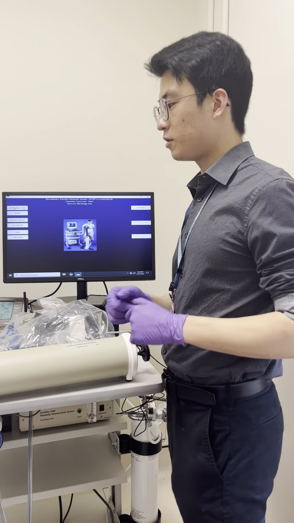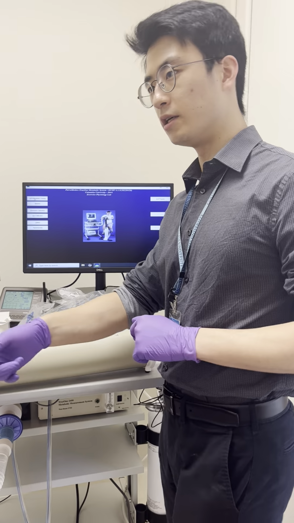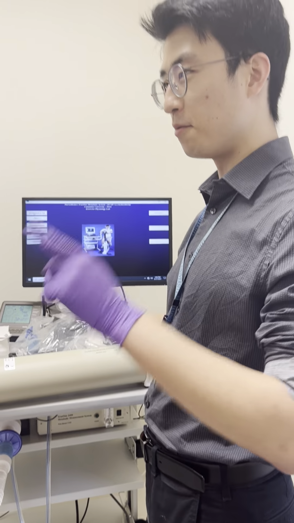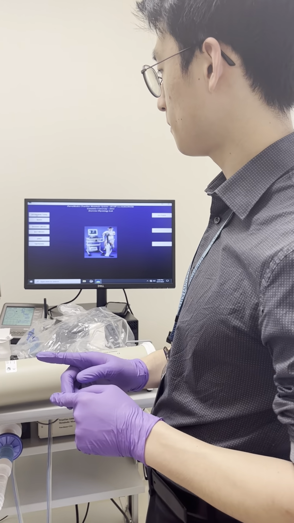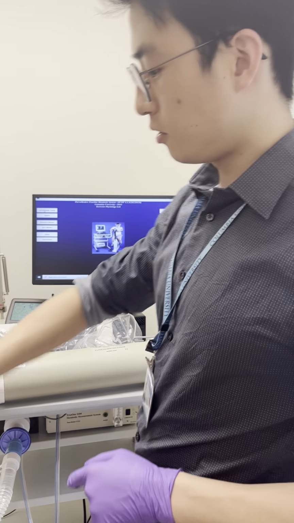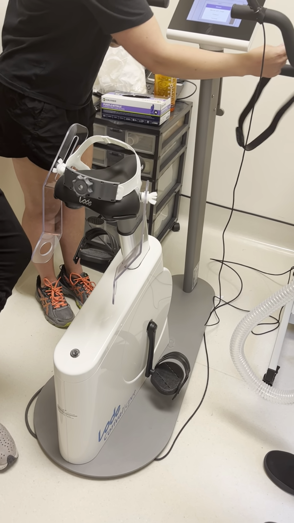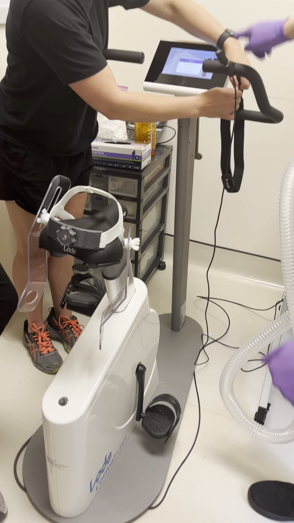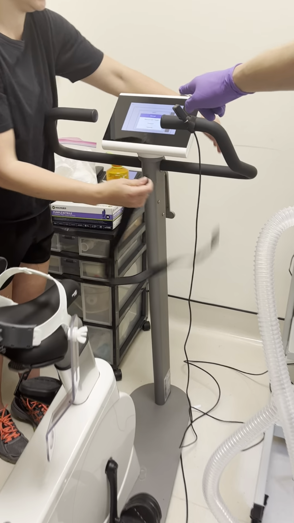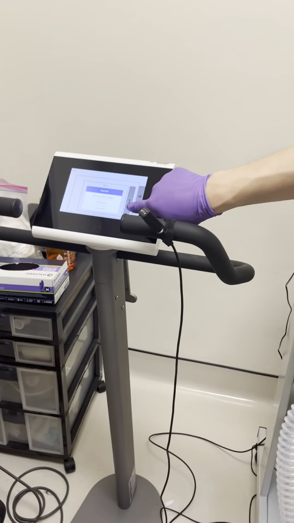And you also want to make sure that the bike connects to the machine. We actually had this problem last time. When you turn on the bike, there's a power switch right there, so make sure it is plugged in. And when you turn on the bike, you may end up with this screen right here.